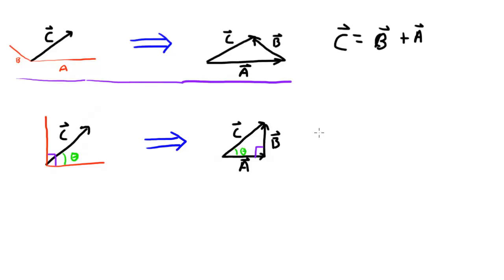In this case, we can find the magnitude of vector B from the law of sines, and the magnitude of vector A from the definition of the cosine. You should remember this from trigonometry.